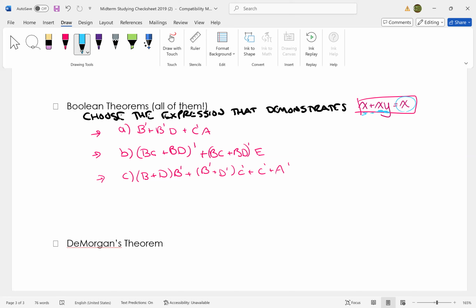So what you have to do is look for a pattern here, look for the X plus XY pattern, and you might not initially have it. I have an X plus XY pattern here, and I have an X plus XY pattern there.